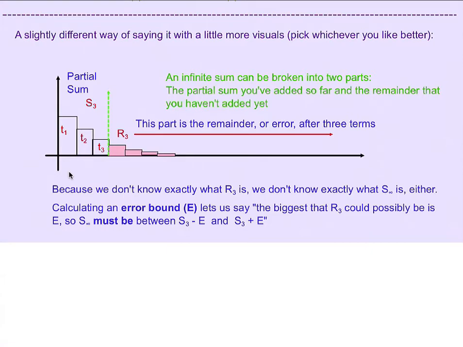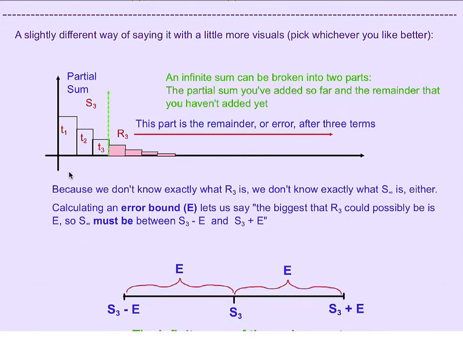But if we know the error bound, if we know the biggest possible amount that that remainder could be, say E, we'll call that the error bound, which means the infinite sum must be somewhere between the partial sum minus E, if our error is in one direction, or the partial sum plus E. In other words, a diagram might help.